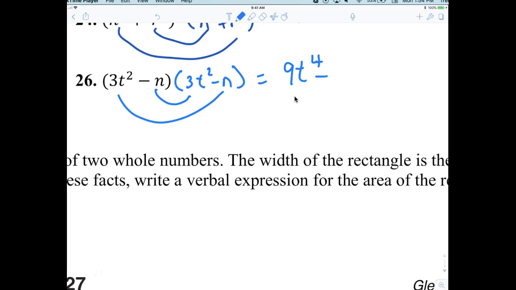That one and that one. If I multiply these two together, what do I get? -3, very good. And -3 and -3 makes negative 6nt squared plus n squared. Everybody okay with that?